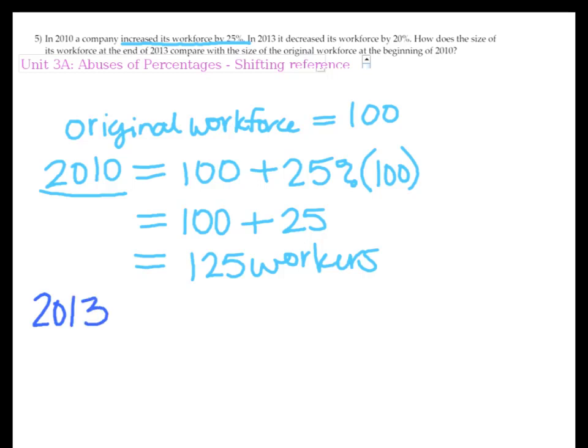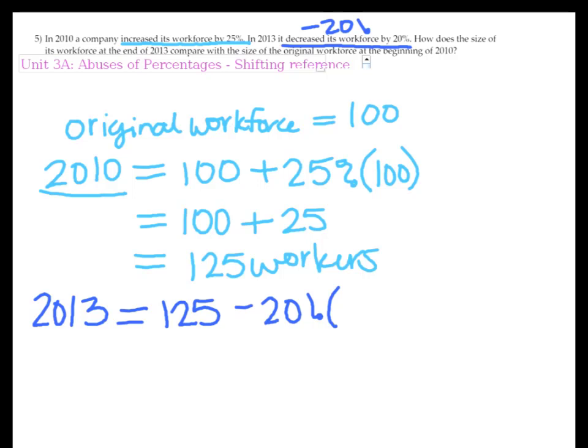In 2013, however, we're told that it decreased its workforce by 20%, so decrease by 20%. So from 2010, we know that the workforce is at 125. It decreased by 20%, so we subtract 20%, and we can multiply that by the number of current workers at 125.